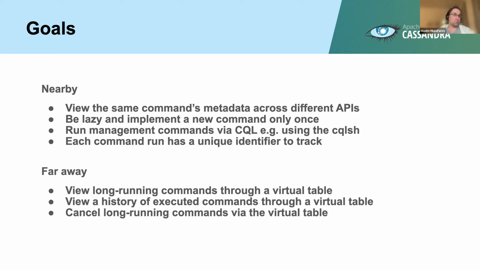So these are the nearby goals, but when we reach these goals, we can also implement a virtual table to view and query the long-running commands. We can have a history of commands that were running on the node, and we can cancel the long-running commands via the virtual table as well.